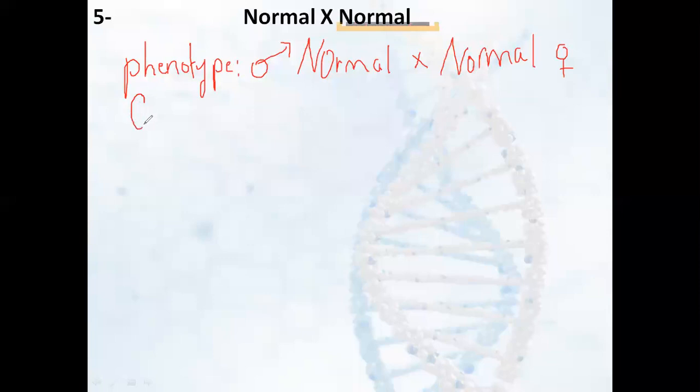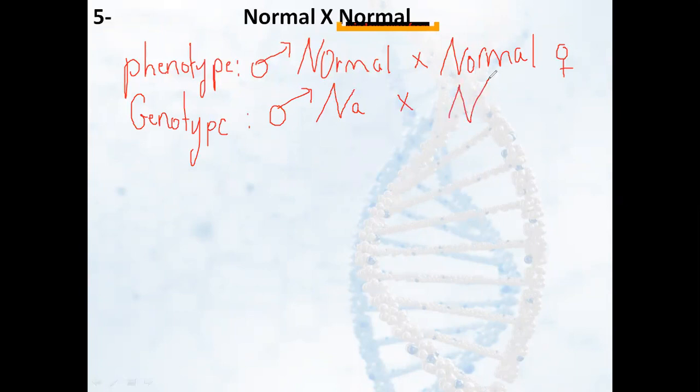And moving to the genotype. Genotype, male should be heterozygous. You should give a Jack, which is albino. So Na crossed with Na. So here, moving to the gametes, I want to work it in proportion and not in percentage.